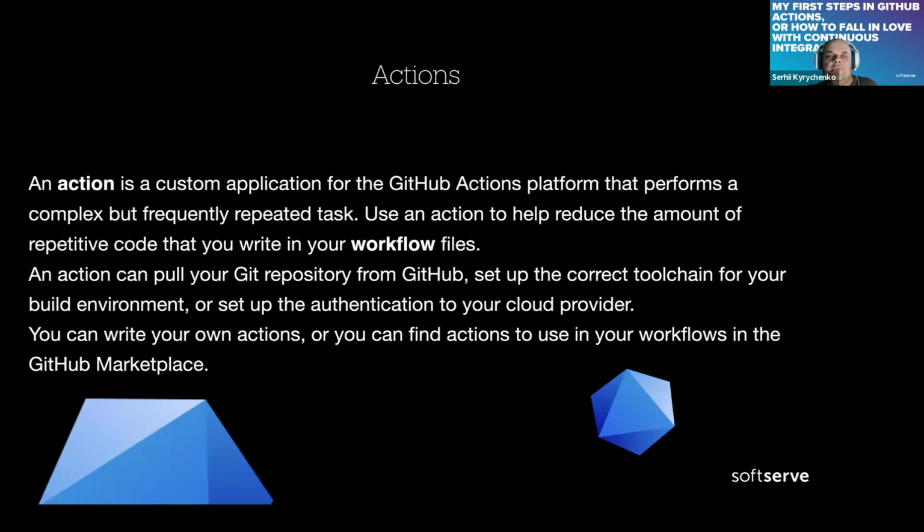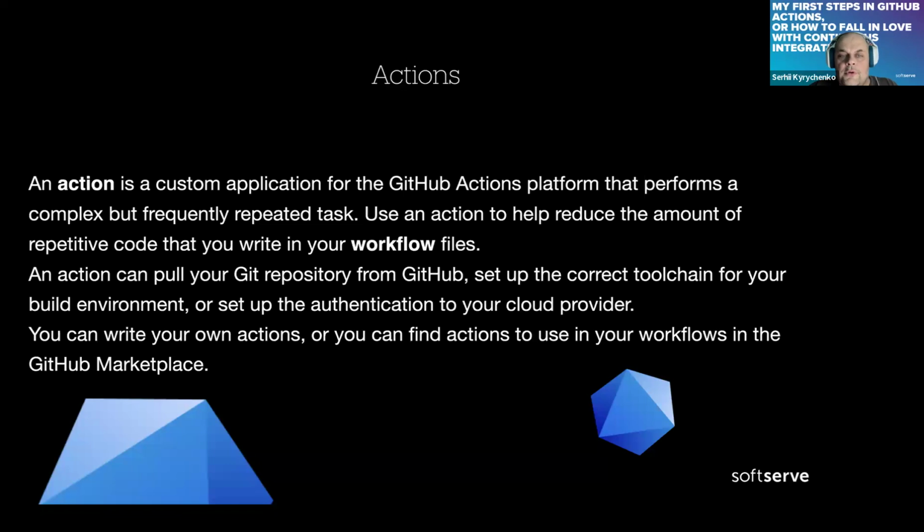You can use actions to help reduce the amount of repetitive code that you write in your workflow files. Once we're done with this presentation, when we're ready to get our hands dirty, I will absolutely show you where you can find these actions and how to define whether an action is trustworthy or not.